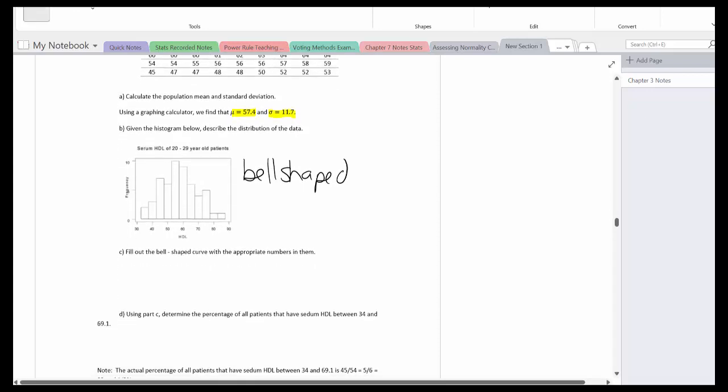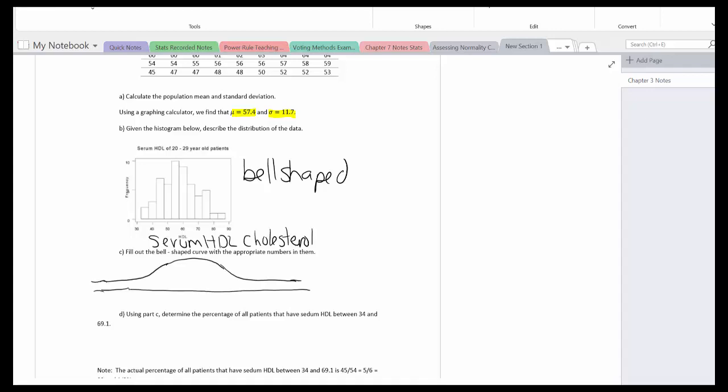So part C, we want to fill out the bell-shaped curve with the appropriate numbers. So let me draw that now. Okay, so I've got a title, Serum HDL Cholesterol, and we have the bell-shaped curve. Now, again, in the middle, it's going to be the mean, which is 57.4.